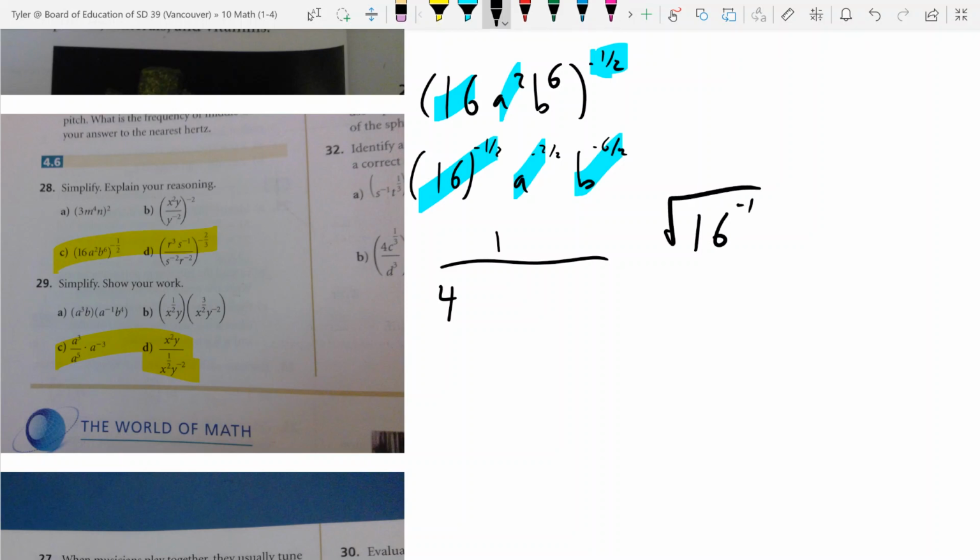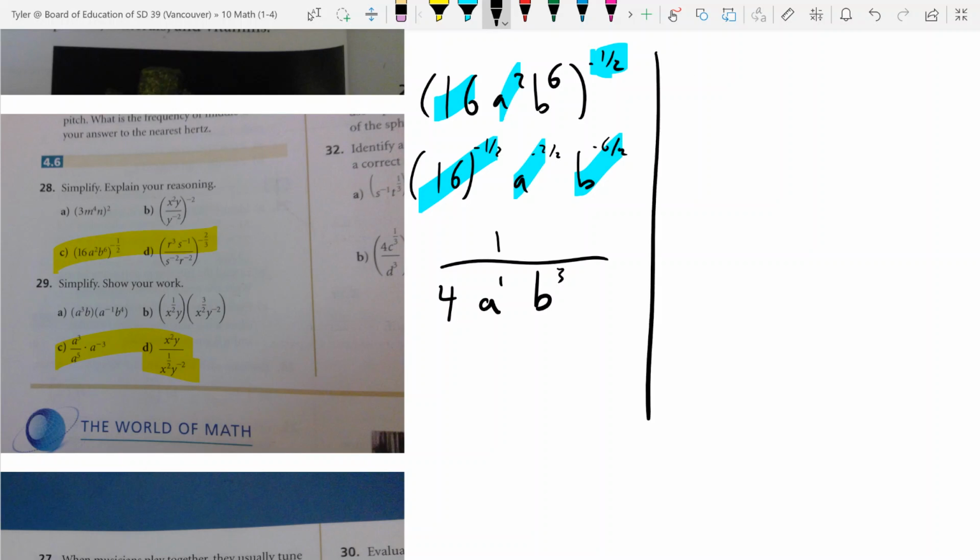So it becomes 1 over 4. A to the negative 2 over 2 is the same as a to the negative 1. So when we move it to the bottom, it becomes a to the 1. And then b is going to reduce to just b cubed because, again, we moved it to the bottom. So it became that. And then that's the final answer.